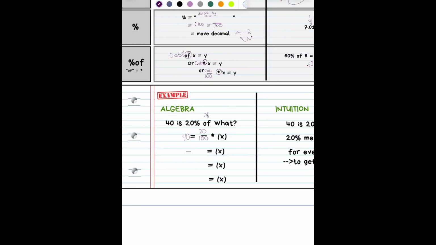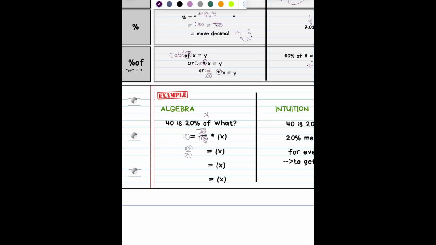So if you're ever given the problem, 40 is 20% of what? And then to solve that, we move this to the other side. And by other side, I'm actually doing the opposite and canceling. So the opposite of 20 over 100 is 100 over 20.